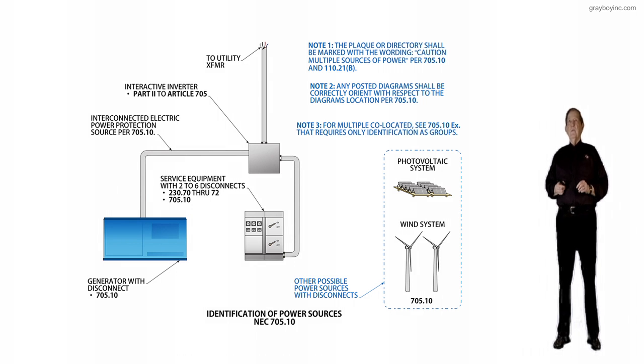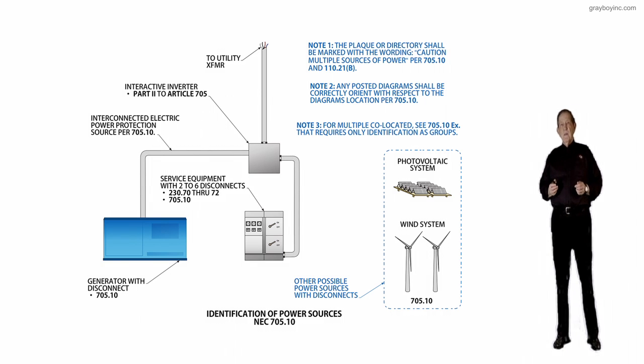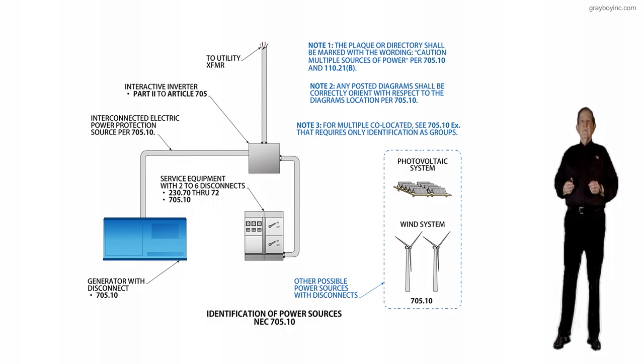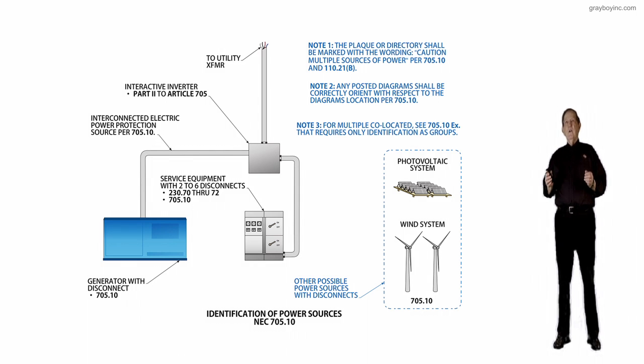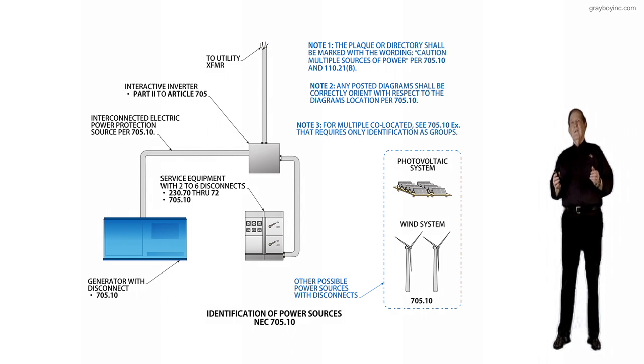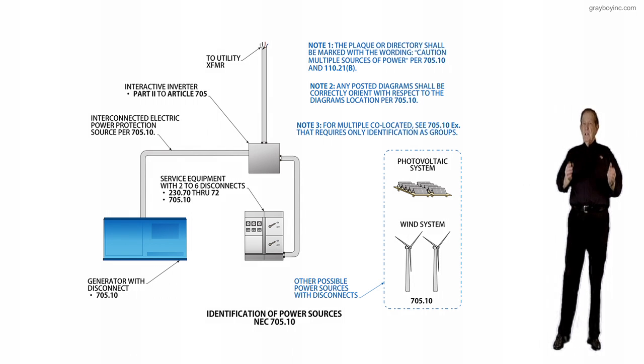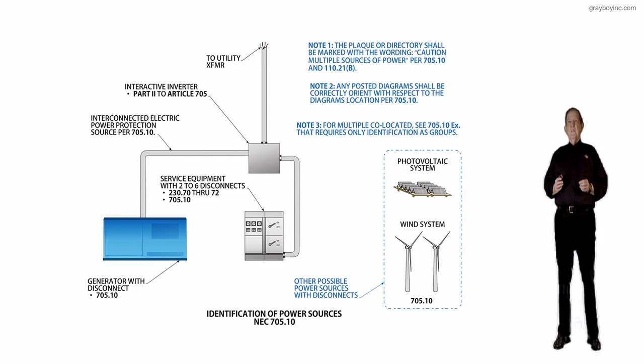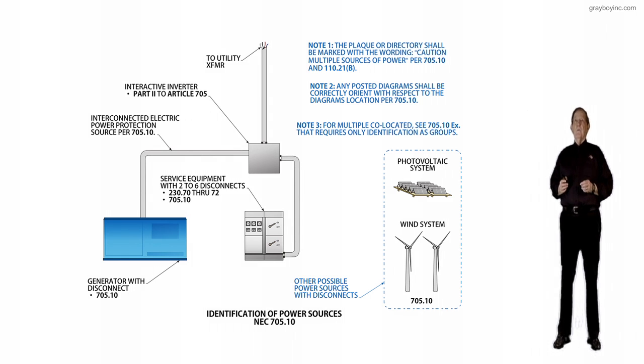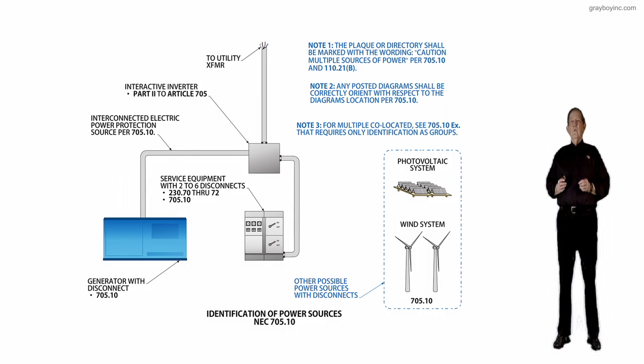This requirement is to let maintenance people, operators, inspectors, and engineers know that they have more than one power source, that they're connected in to the utility power, and that if they should lose the utility power, these systems will kick in in some cases, depending on how it's designed.